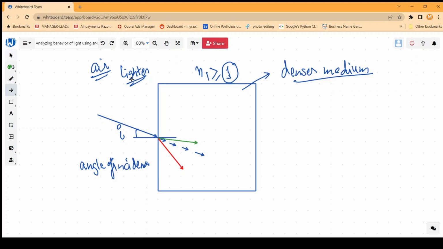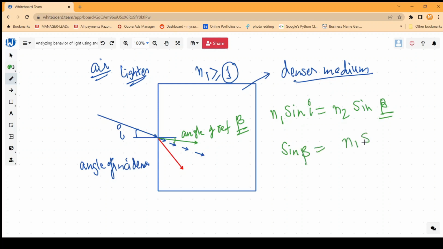As we said, the light is traveling from a lighter medium to a denser medium, so it is going to bend towards the normal, and this is going to be our angle of refraction beta, and we can simply find that beta using Snell's law by writing n1 sine i is going to be n2 sine beta, right? Sine of beta is going to be n1 sine i divided by n2, and then we can find sine of beta.